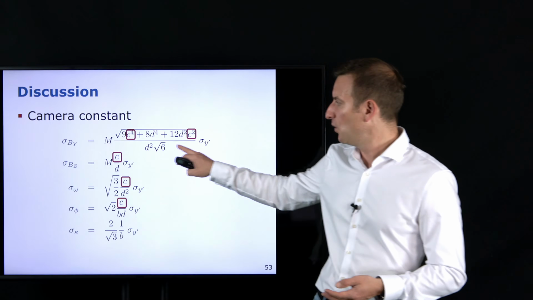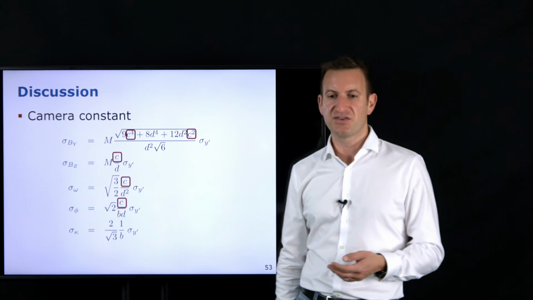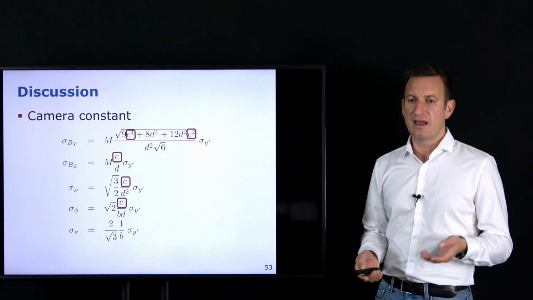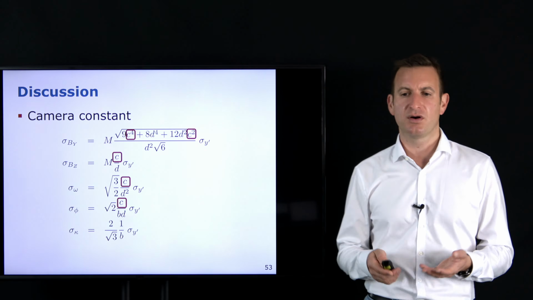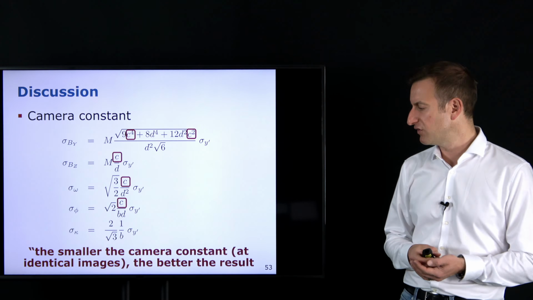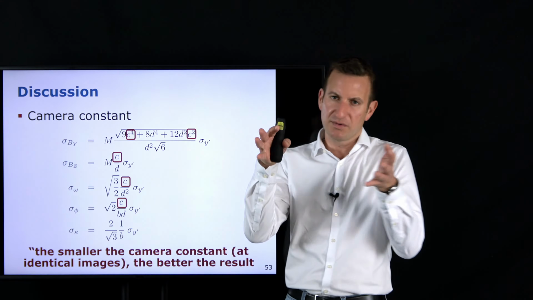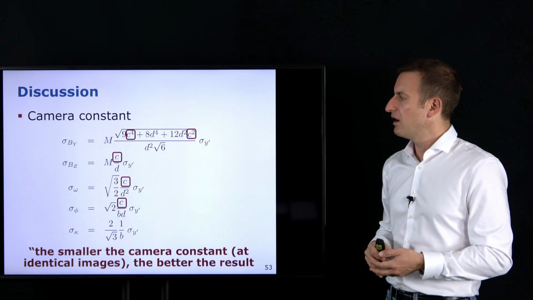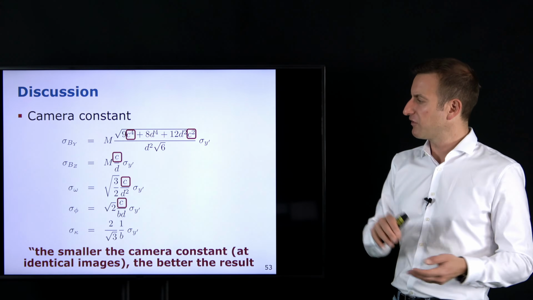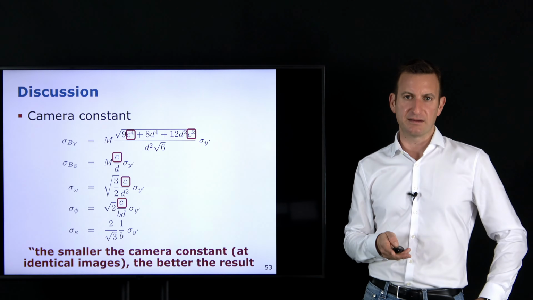And last but not least, we have the camera constant in here popping up in all terms except for the yaw angle. And so the smaller the camera constant, when generating identical images, the better the result will be. So the smaller the camera constant, but of course then you also need to change your scene setup. If you still observe the points at the same locations, then the better your result will finally be.